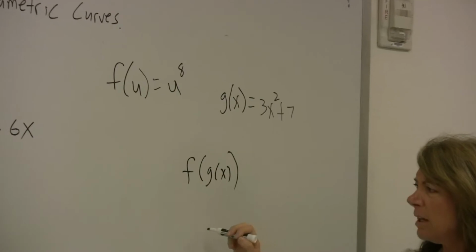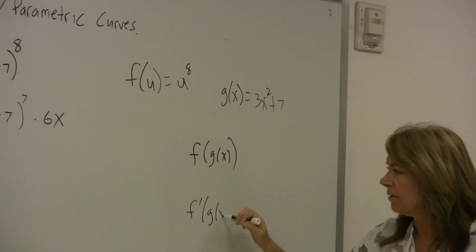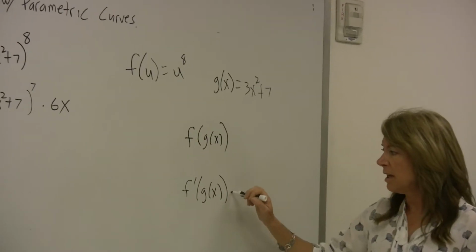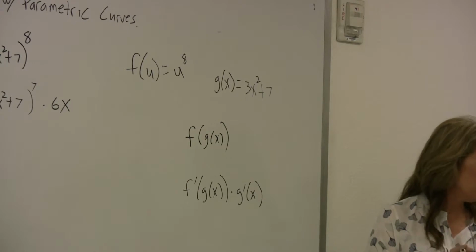So to find the derivative, we took f prime of the outside times the derivative of the inside. Just talking notation on what you're doing when you do the chain rule.